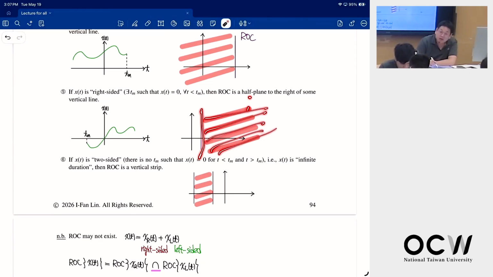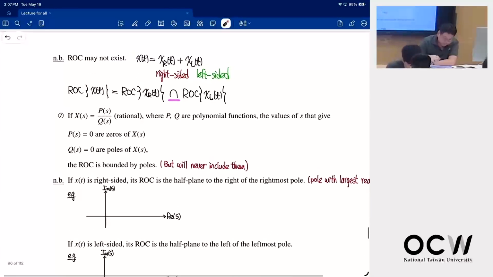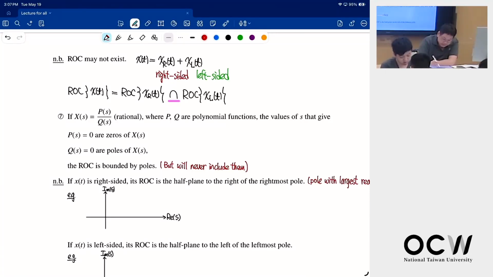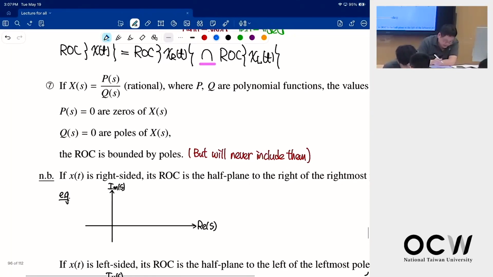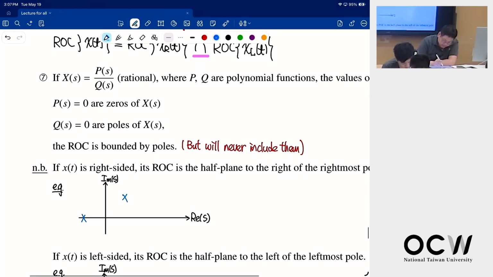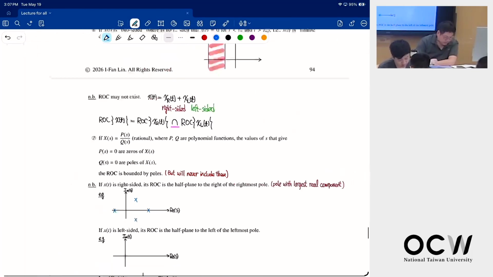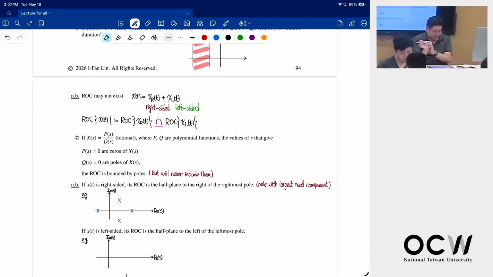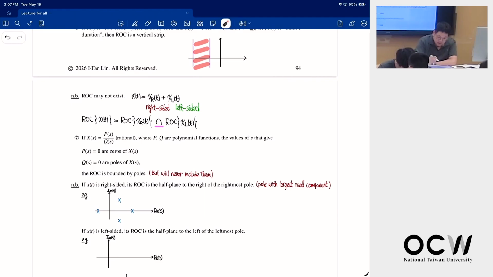But suppose I have poles here, and poles in conjugate pair here. Where is the region of convergence? The half plane to the right of the rightmost pole.